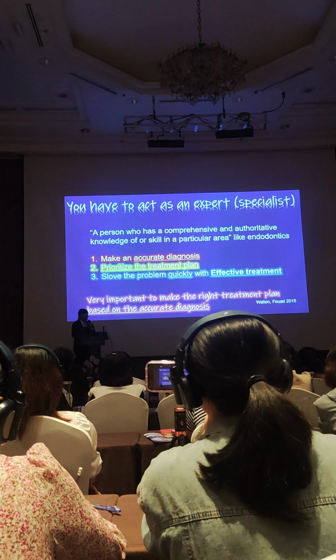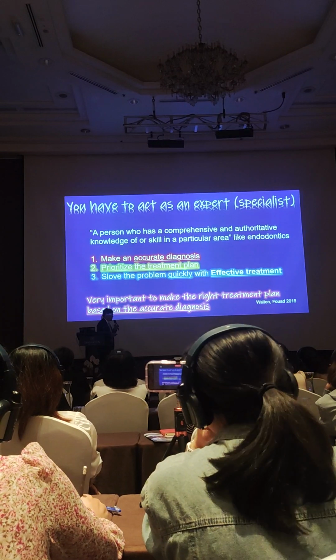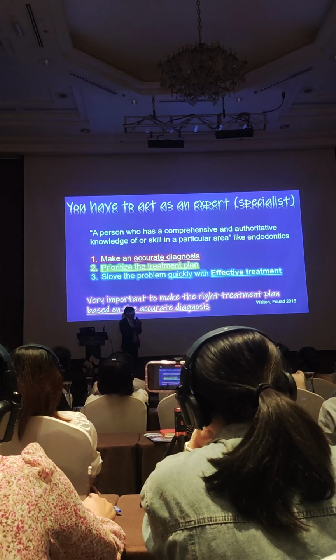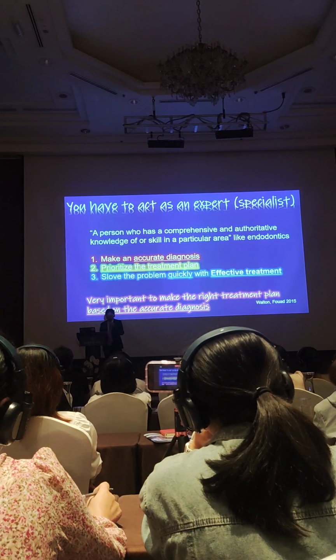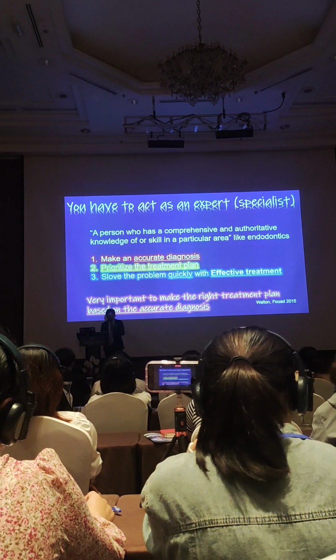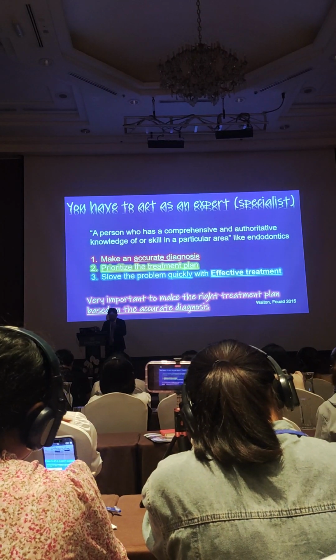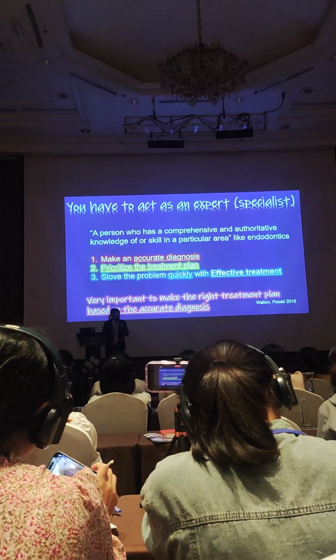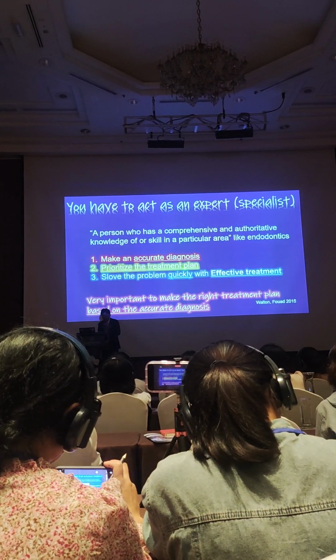But I want to just mention one thing: how do you decide? How do you consider the case successful? Because you need to define the success. Okay, so before that, you have to be very good at making an accurate diagnosis.